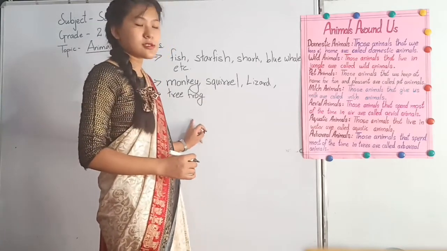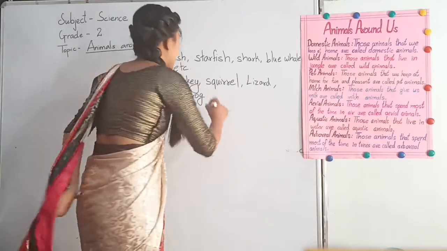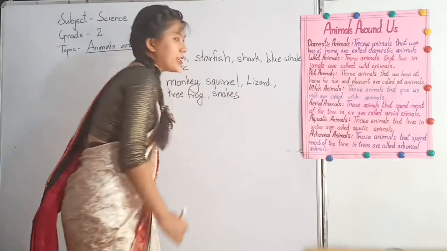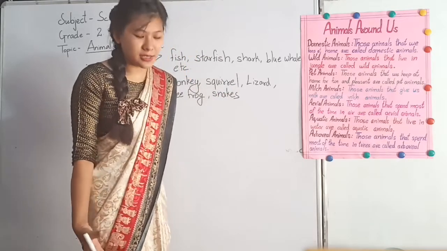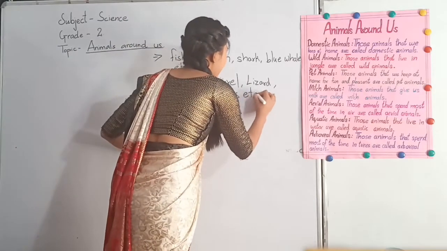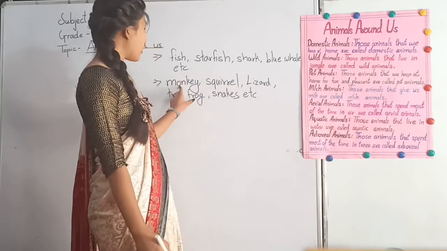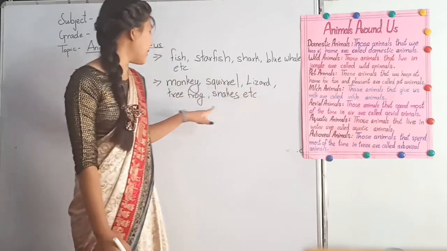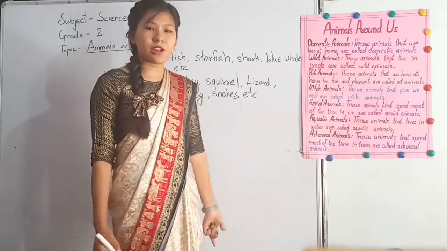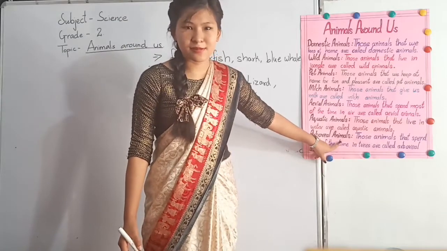So tree frog is also an arboreal animal. Likewise snakes. Snakes also live in trees. Some snakes live in trees. So these are the examples of arboreal animals. Monkey, squirrel, lizard, tree frog, snakes, chimpanzees, etc. are the examples of arboreal animals.